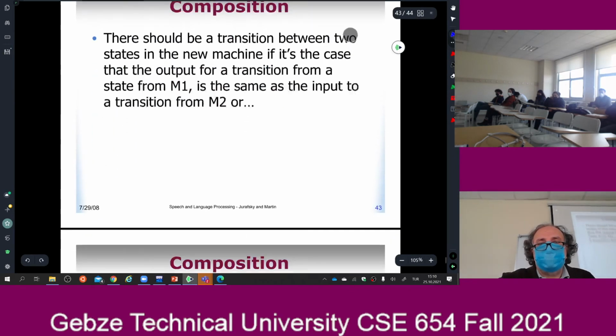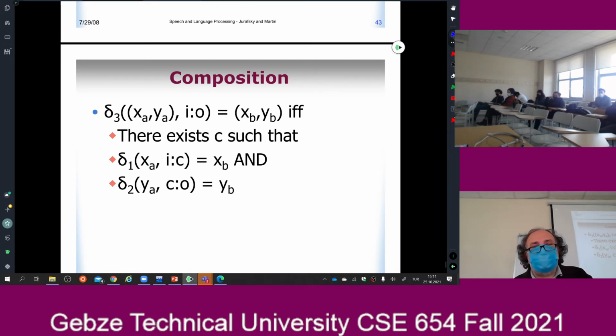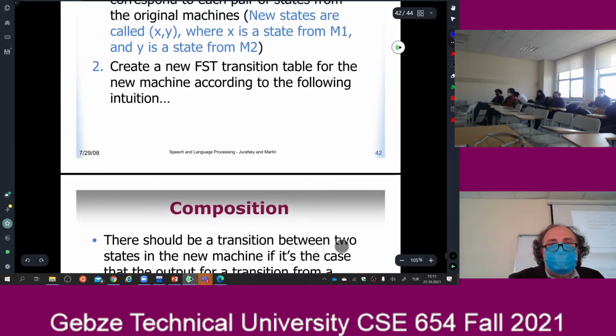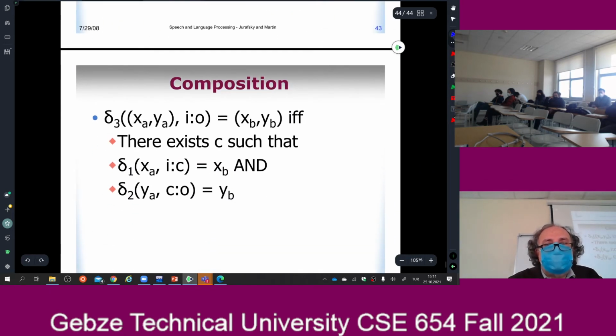Okay, so remember, when you do the composition, you have a new set of states, 20 from the first one, 100 from the second one. So XY, again, XY is a new state. For these XYs, these are your new transition rules.